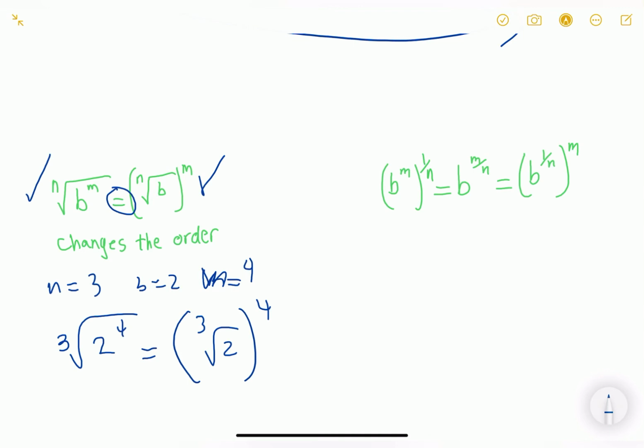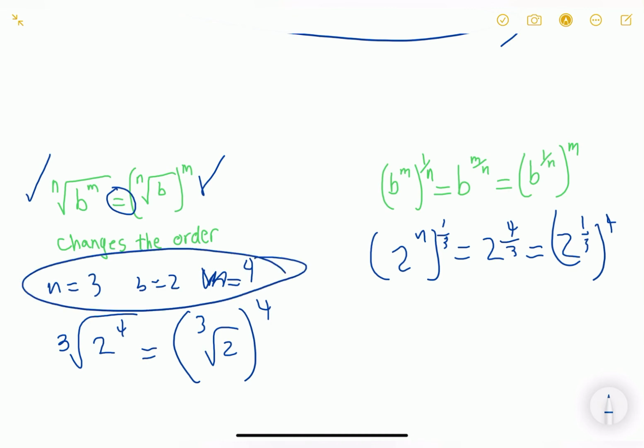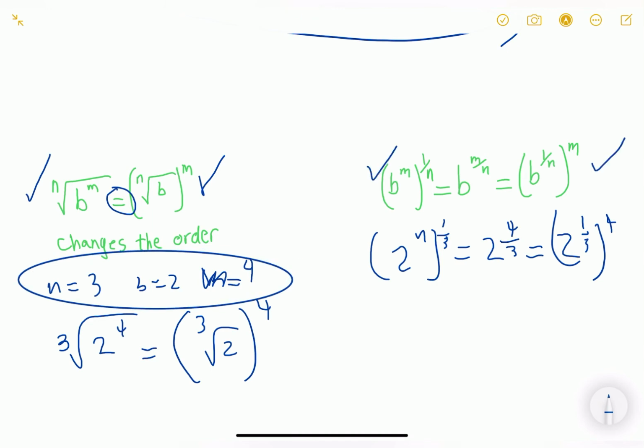Now let's prove the exponential equivalent. So let's plug in the same numbers, 2, 4, and then 1 over 3, which is the same thing as 2 to the power of 4 over 3. Now what we simply did was have our key and plug in the numbers in order to prove these rules that are equal to each other.